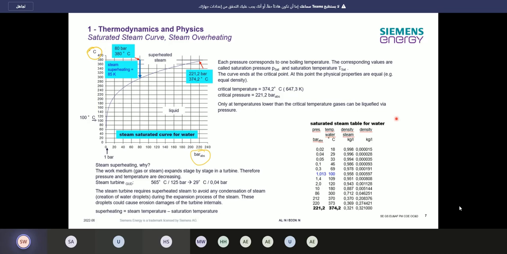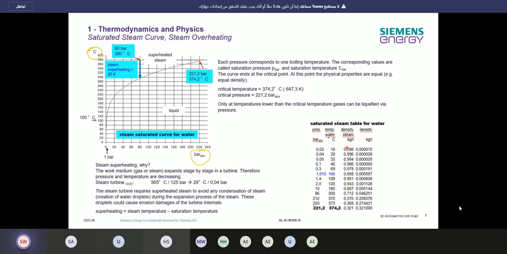This is a table you can find in the books. You can find it on Google for every pressure. So there you have some values in here. We're starting with this 1.013 bar. So that's the pressure we have around, and the saturated temperature of the water is then 100 degrees Celsius, and we have a certain density.